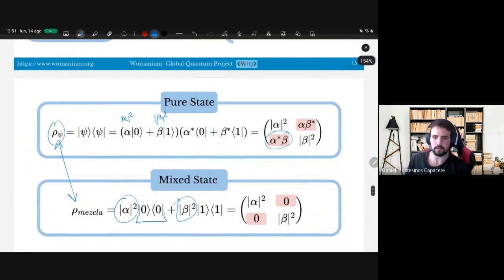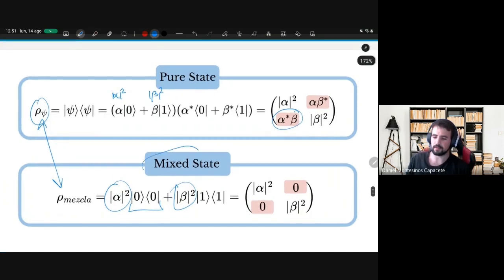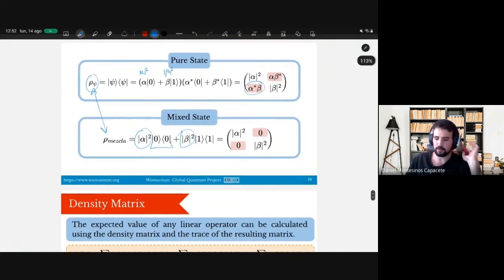So in the phase there is a lot of information about the quantum state. When you have a mixed state, it's like having a pure state but with less information, because somehow you have lost that information. That's something I wanted to say.